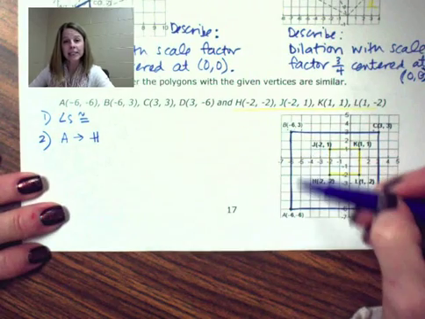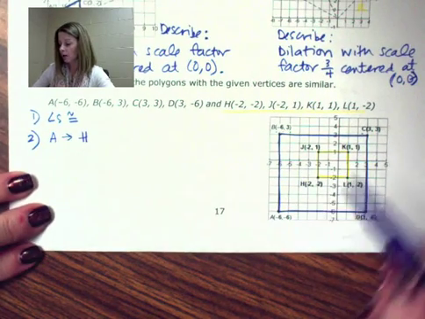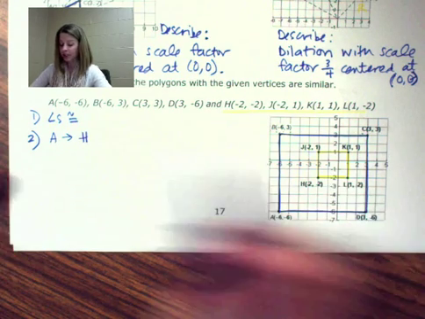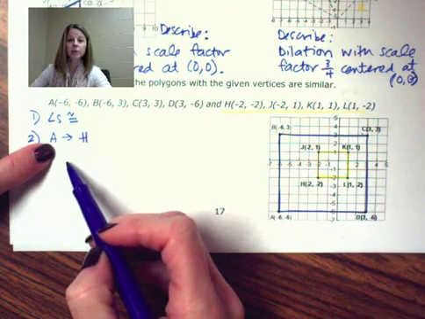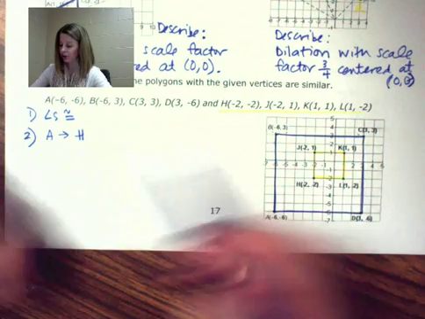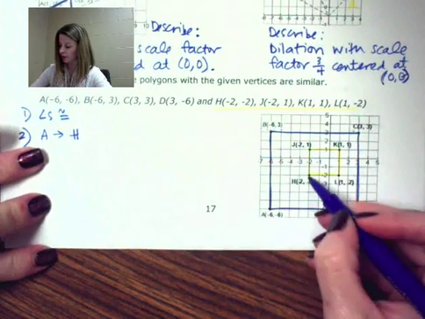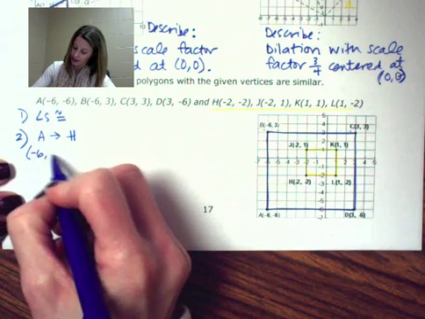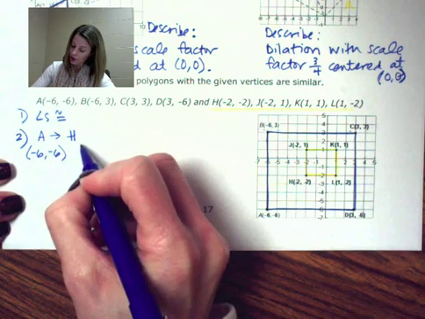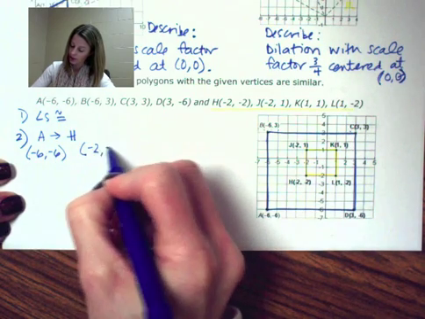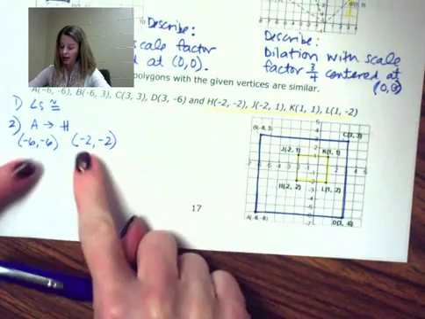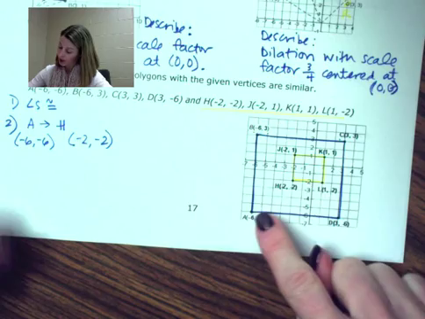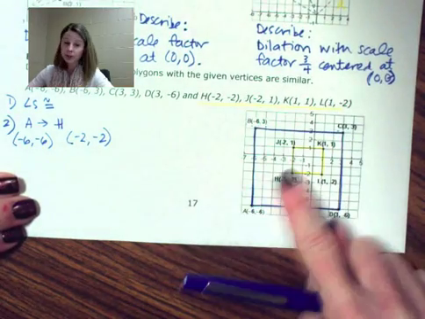We want the side lengths to be proportional, but when we are on a coordinate plane, we compare their ordered pairs because their ordered pairs give us information about the sides when they're connected. So I'm going to start with point A and compare it to point H. A is the ordered pair -6, -6. H is the ordered pair -2, -2. So we want to look at the comparison between those numbers. Now when I look at this picture, my blue triangle is reducing in size.